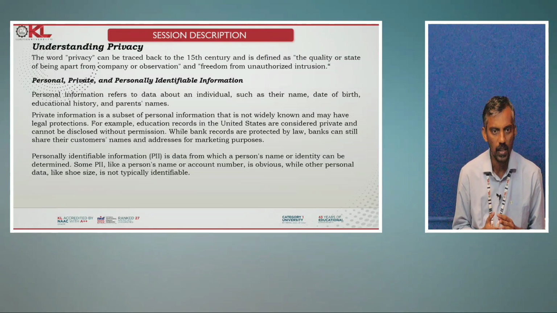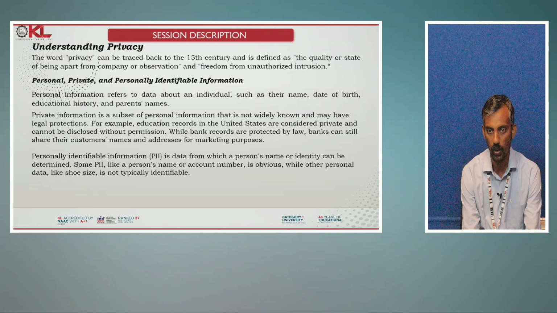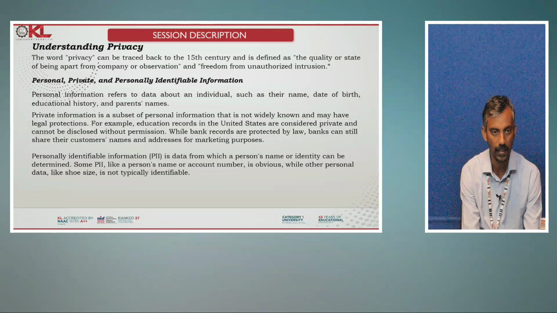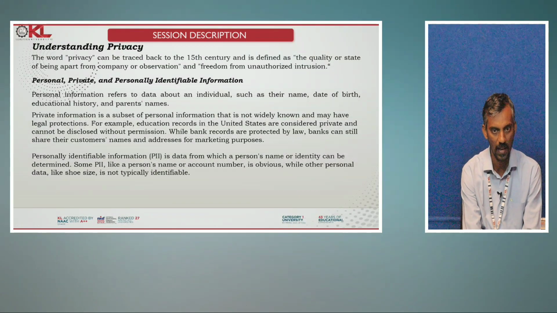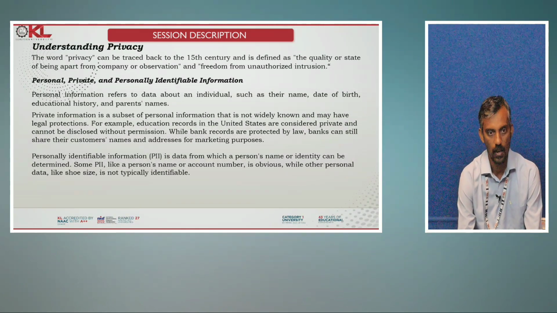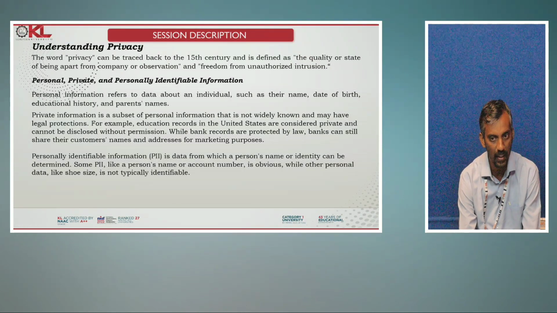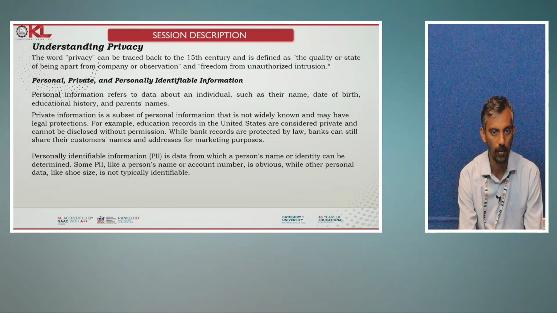For example, education records in the US are considered private and cannot be disclosed without permission. While bank records are protected by law, banks can still share their customer names and addresses for marketing purposes. And personally identifiable information is data from which a person's name or identity can be determined.